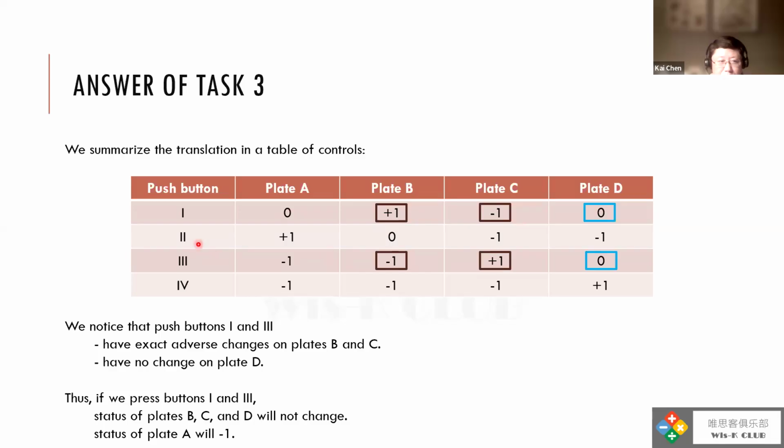So meaning that if we add the first row with the third row, the press buttons 1 and 3, we have A is minus 1. So we get plate A as minus 1, but B, C, D will not change because here the sum is 0, sum is 0, sum is 0.